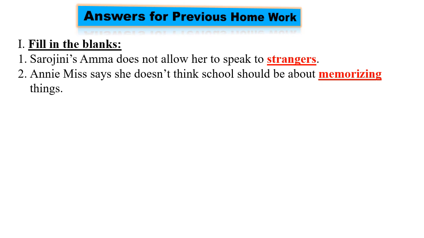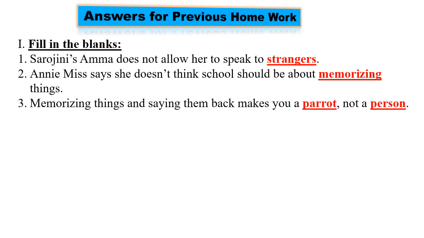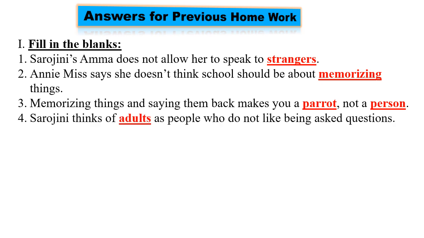Annie Miss says she doesn't think school should be about memorizing things. Memorizing things and saying them back makes you a parrot, not a person. Sarojini thinks of adults as people who do not like being asked questions. So children, these are the answers for your previous homework.